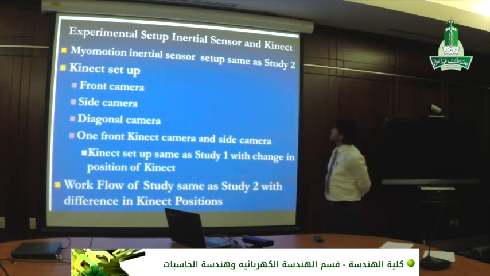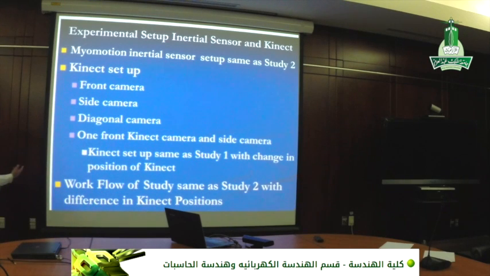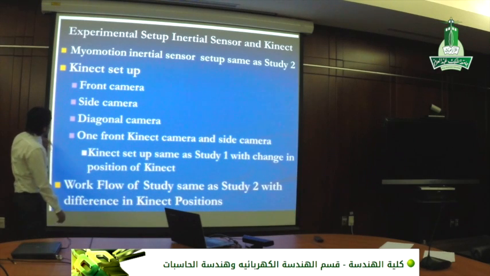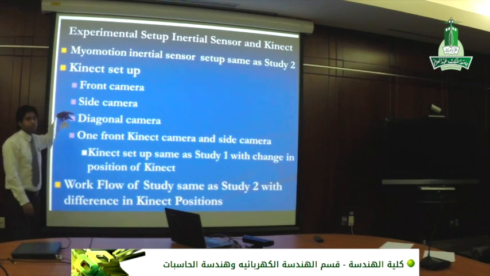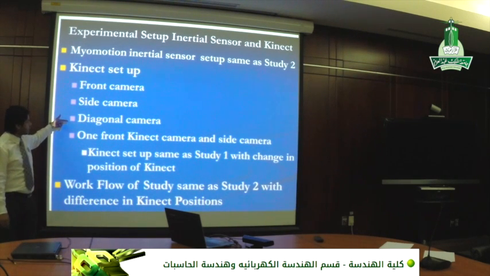This is the experimental setup for the inertial sensor and the Kinect. In this slide, we will talk about the inertial setup. The inertial sensor setup for Maya motion was the same as study 2. In this study, the most important thing was that we tried placing the Kinect in different positions to get a better result: the front camera, the side camera, and the diagonal camera.